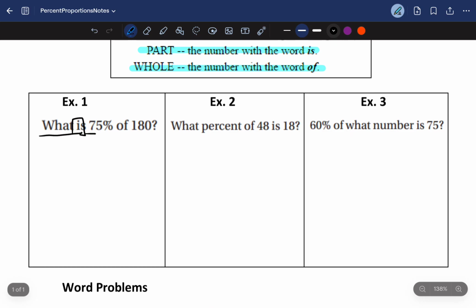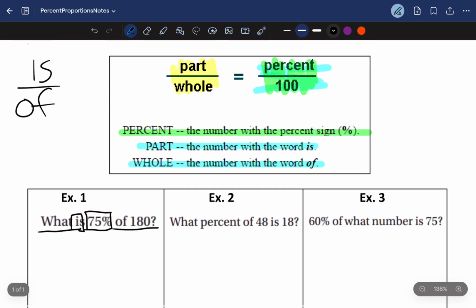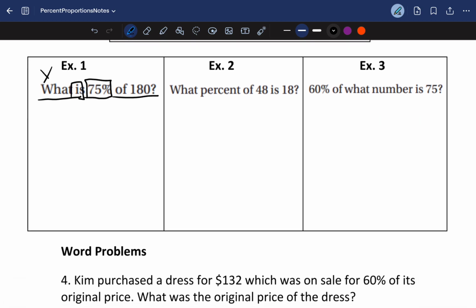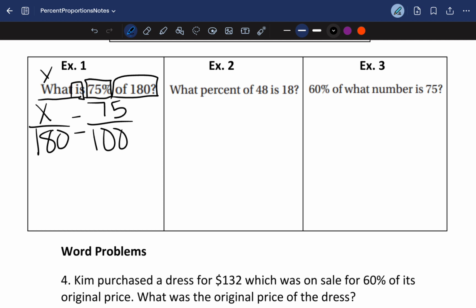And 75%, anything with a percent goes on the top right, over 100. Of, just like we wrote up above, goes on the bottom. So what is is our unknown, or x. We write x over 180, so 180 goes on the bottom, equals 75, because that's the percent, over 100, which is technically a total percent amount if we think about it.